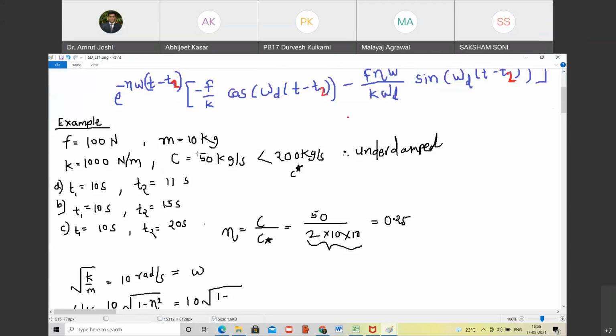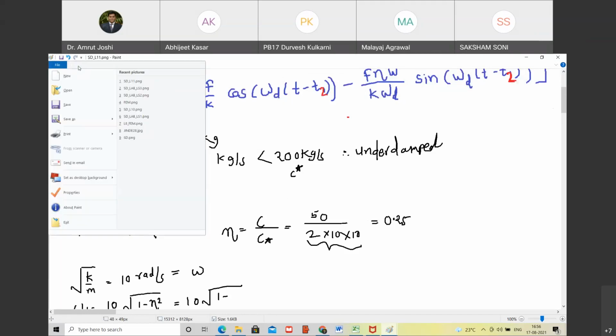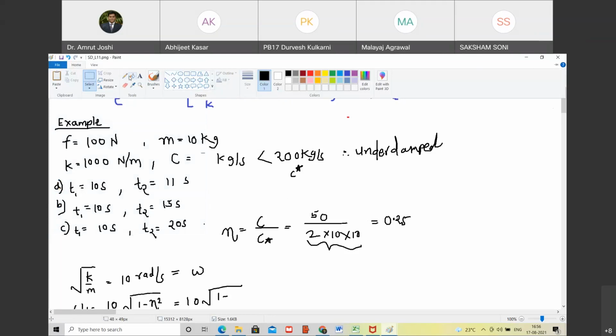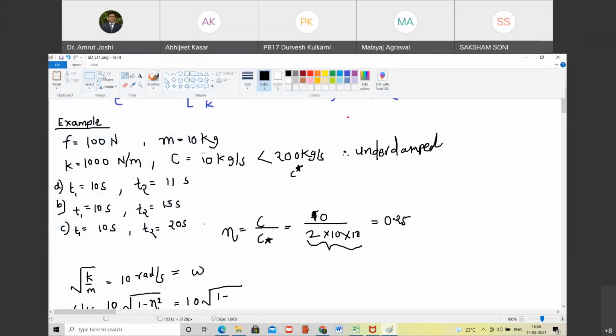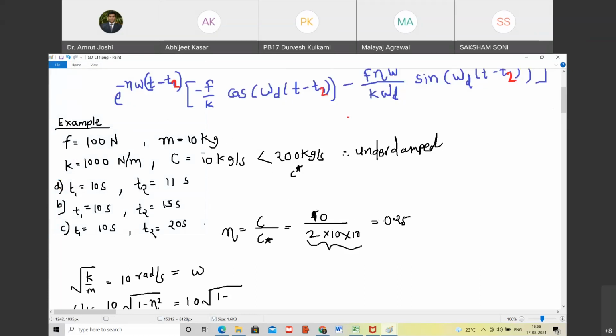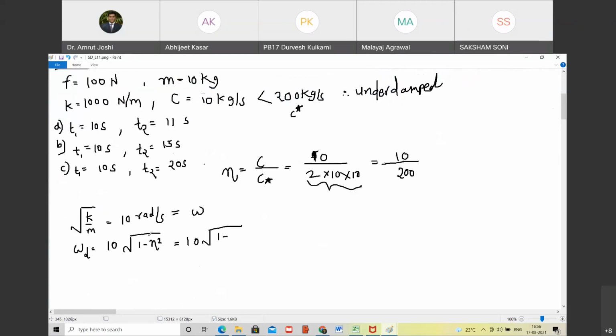So instead of considering this as 50, let us consider it as 10. So 10 kg per second. So in that case, this will become 10 divided by 200. This is the value of eta.